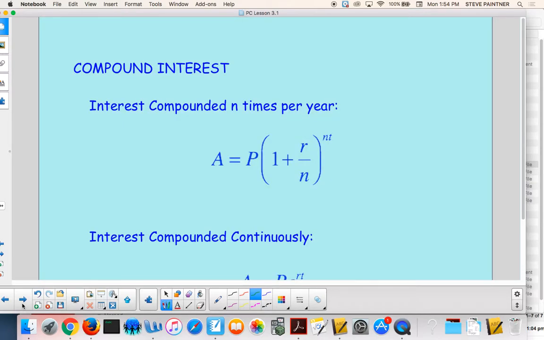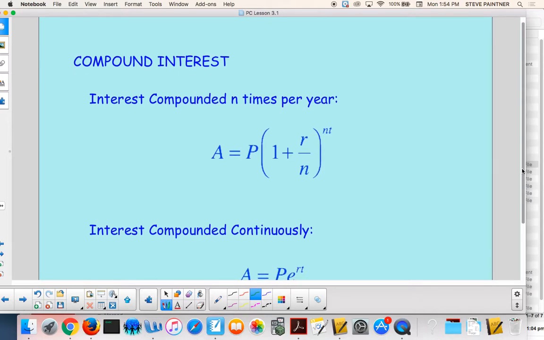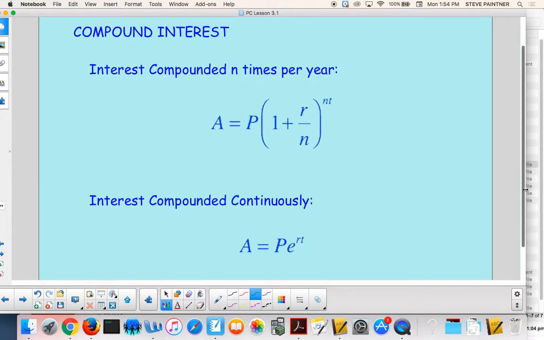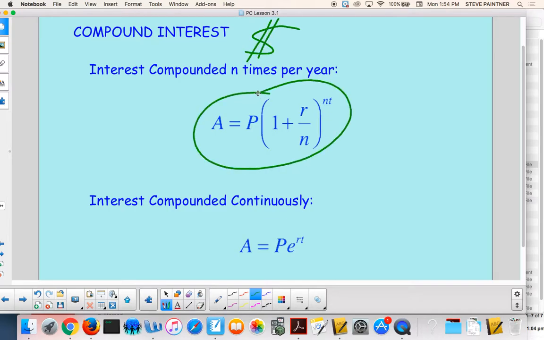Here's some quick applications. We're only going to get through one more slide. This slide, you just need to know what everything stands for. So whenever we're talking about money, we need this formula right here. Now P, what you need to do right now, guys, is write this down. This is your original investment.